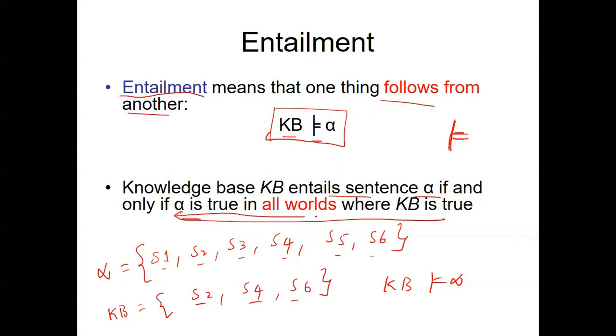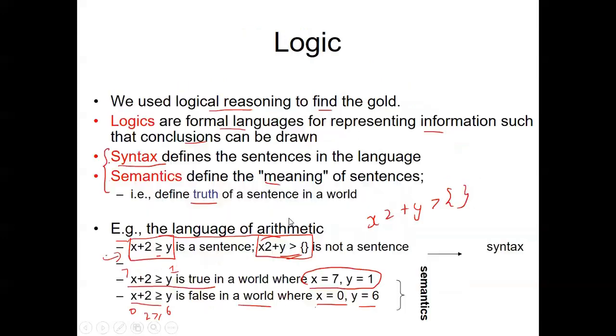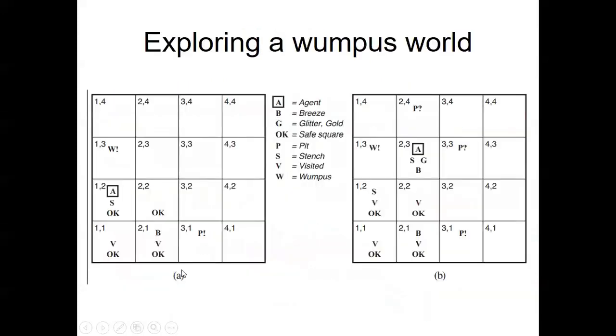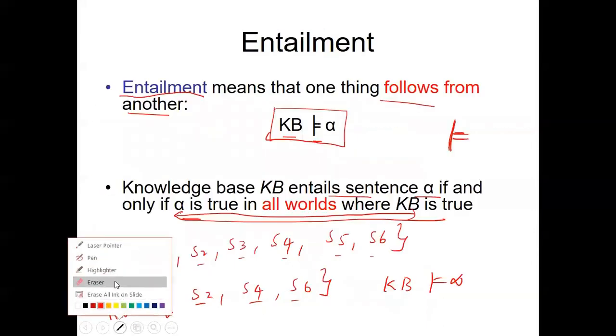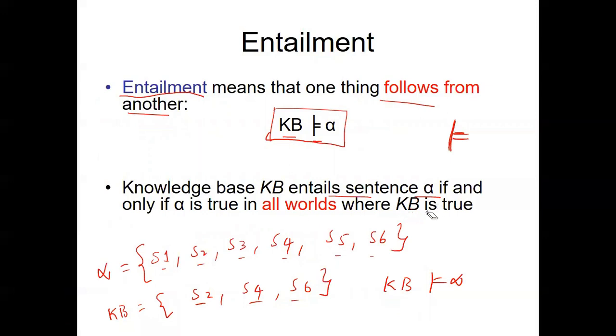Alpha is true in all worlds where KB is true. This thing we should understand in a proper way. Actually, you should understand this in the reverse way.